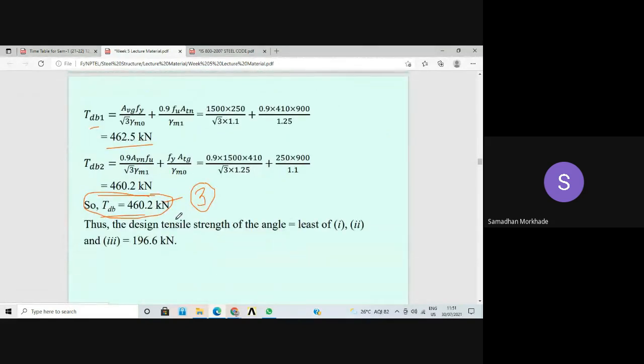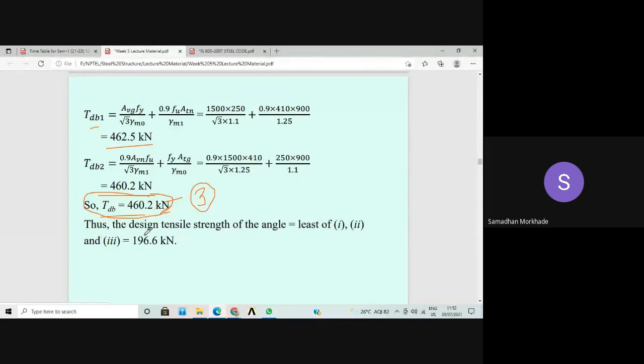More than 400 means the tension member with welded connections is strong. There is a very low possibility of the member failing in block shear. We are discussing the example, but whatever values we are getting, from that value we have to interpret things. So 460 is very strong.